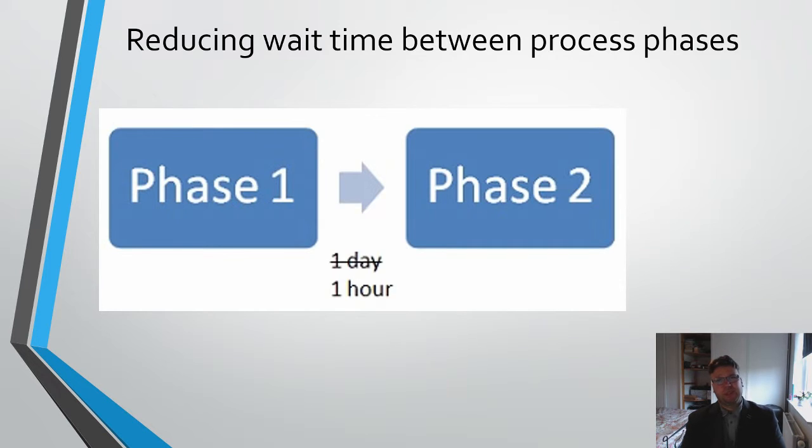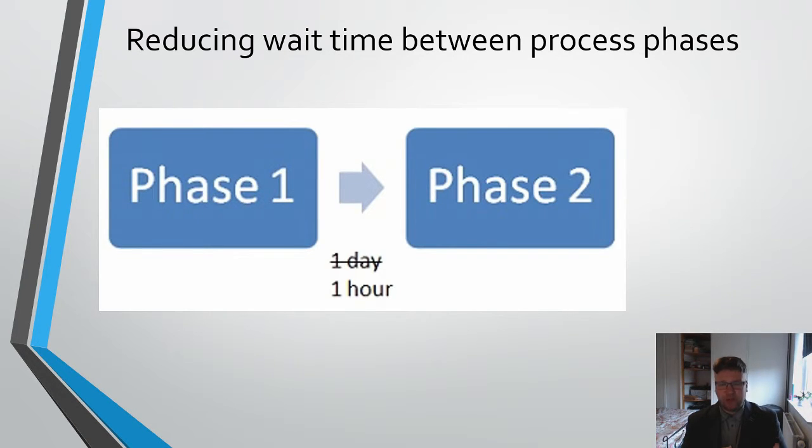Third, the final way of traditional process improvement, although this is less traditional perhaps than the others, because this is something that has been very inspired by the lean movement, reducing wait time between process phases.